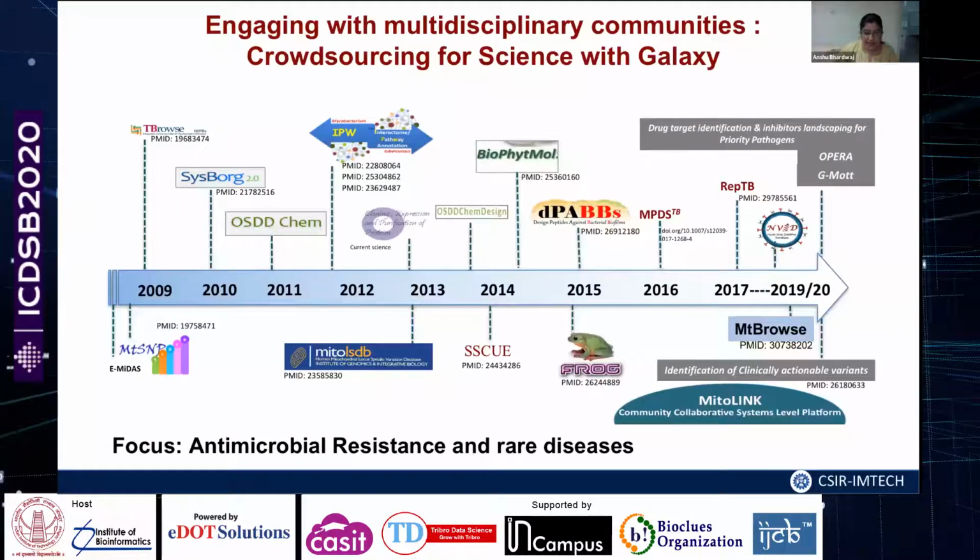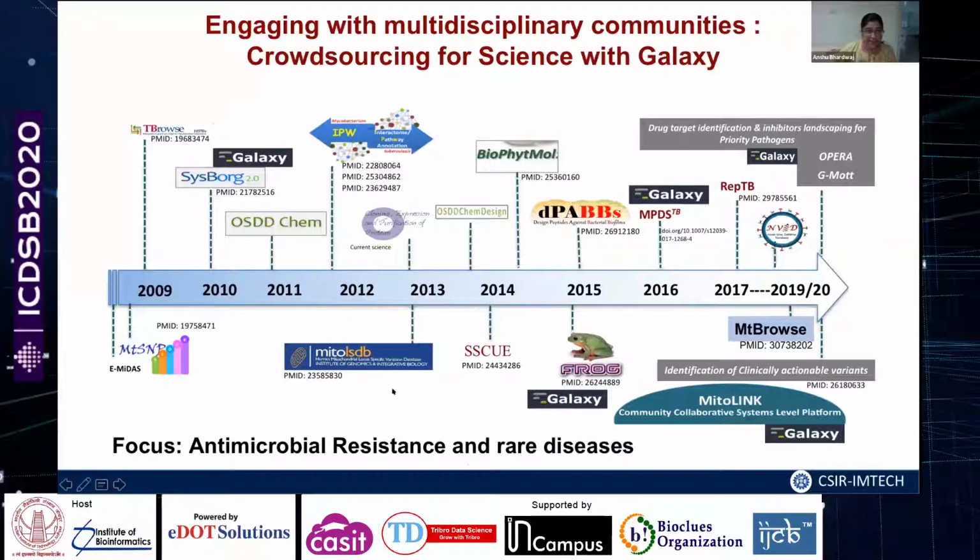Now, this is basically a timeline of projects I have handled in my career so far. And if you see here, Galaxy will appear at several places as early as in 2010 when the Galaxy community just began. This is when we started using Galaxy for drug discovery projects and subsequently Galaxy for several other aspects.